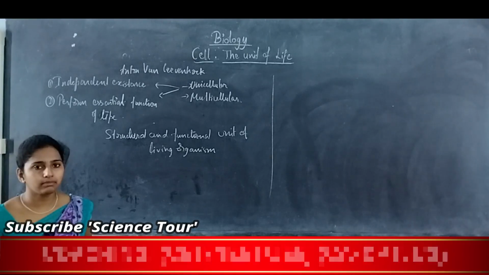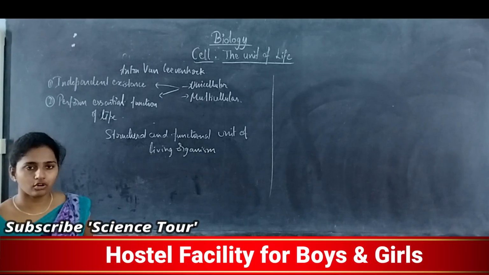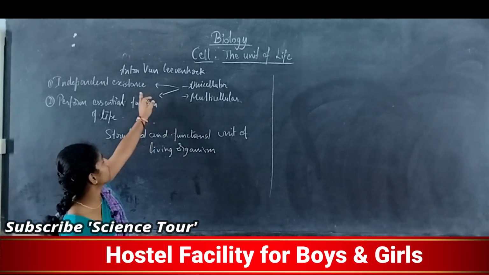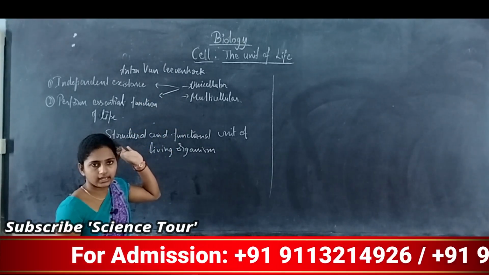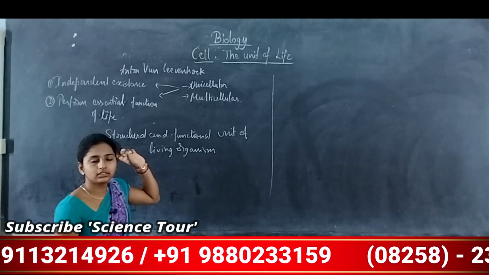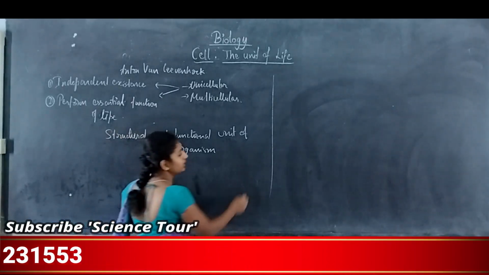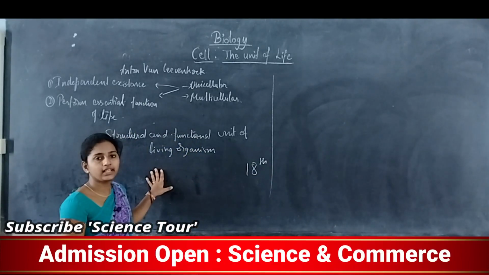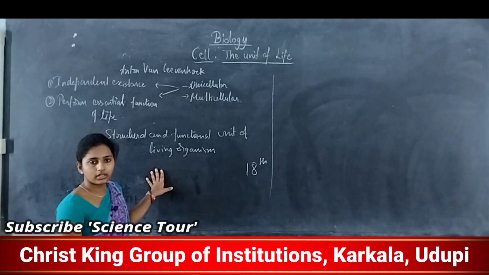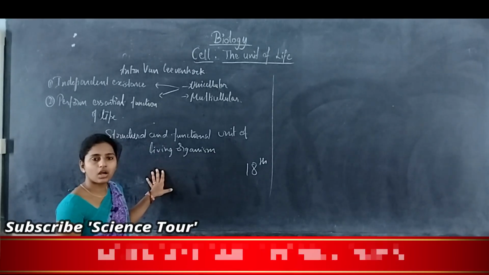He is a Dutch scientist who is also called the father of microbiology. Microbiology was first started by Antony van Leeuwenhoek in very olden days, in the 17th or 18th century, when he started to study microorganisms. So he is called the father of microbiology, who first found out the cell.